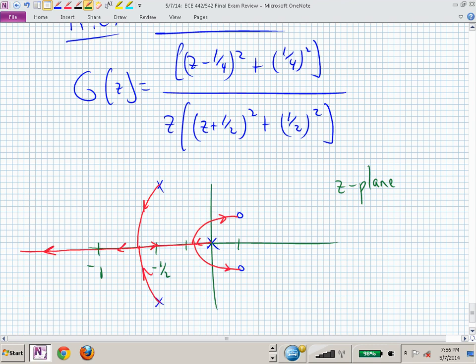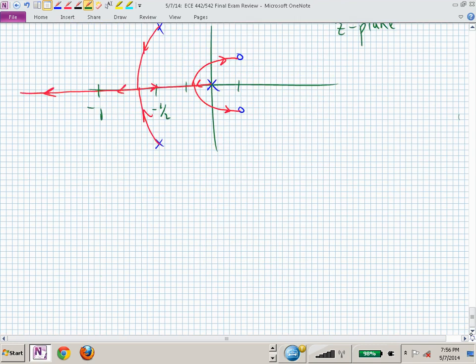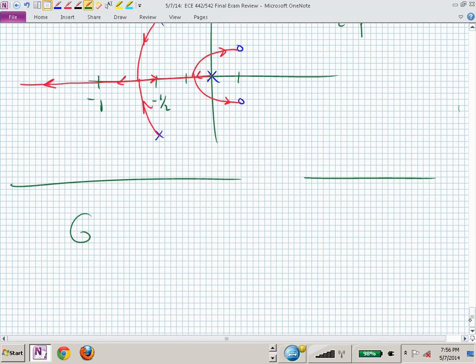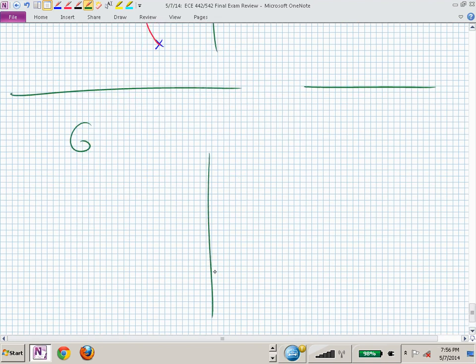You could contrast that root locus with the following. You might now say, oh, here's a different root locus. Let's say that this one, I'm not even going to give you the G, I'm tired of writing. Let's say that this one is now over here at 1/2 plus and minus j 1/2.